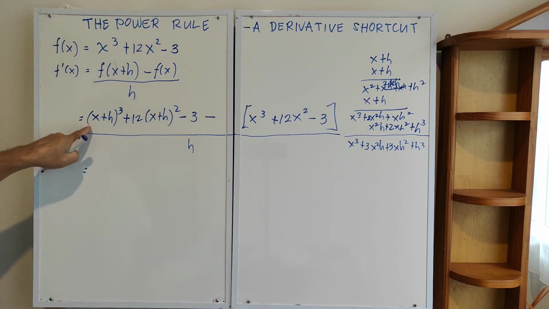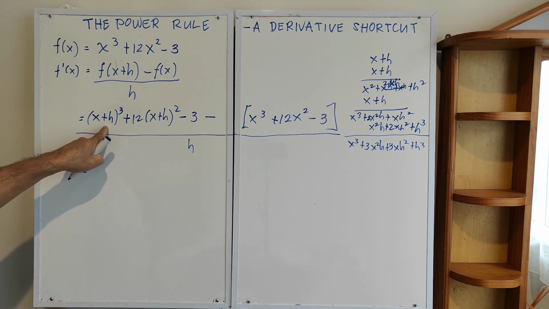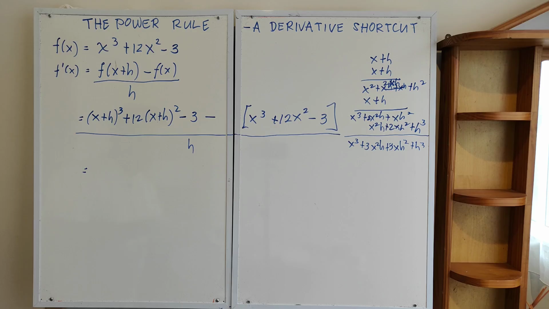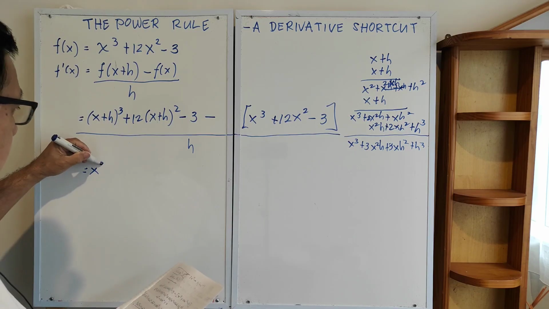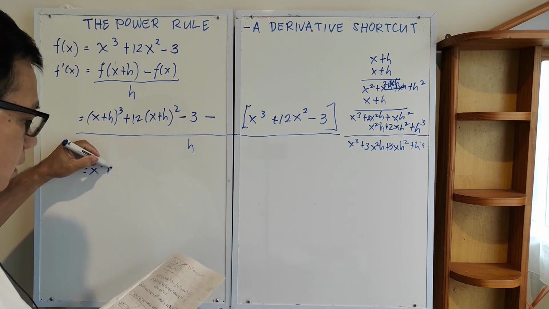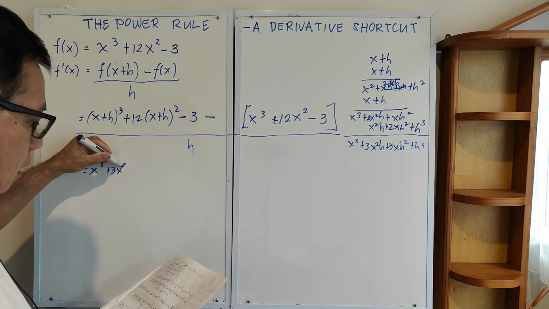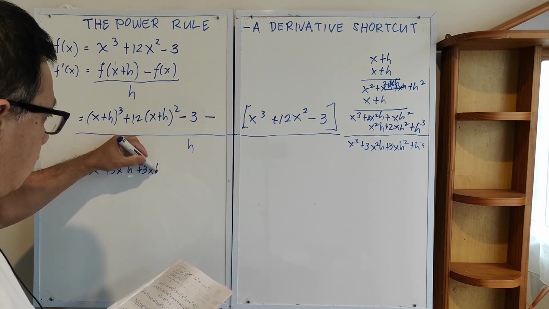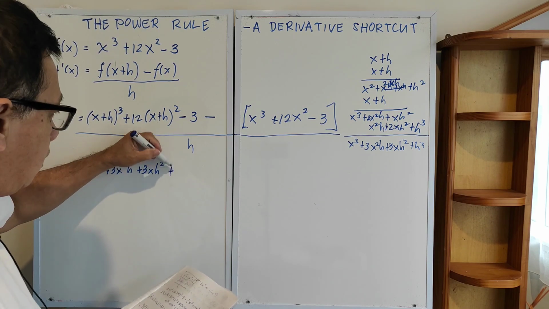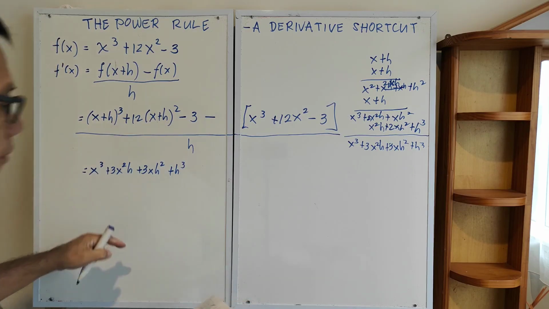That's when you multiply x plus h to the power of 3. So I will rewrite that here: x cubed plus 3x squared h plus 3xh squared plus h cubed.